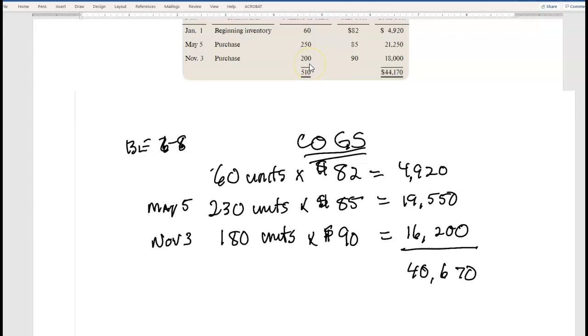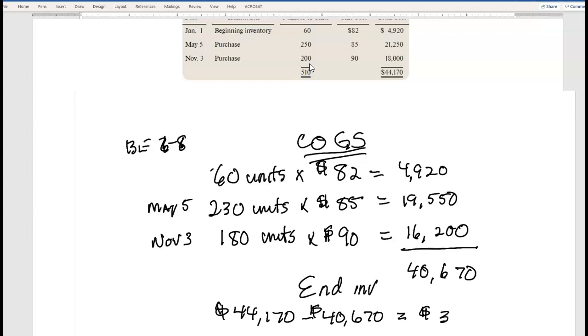So ending inventory, we can still do it the same way, $44,170 minus $40,670, and that gives us $3,500.